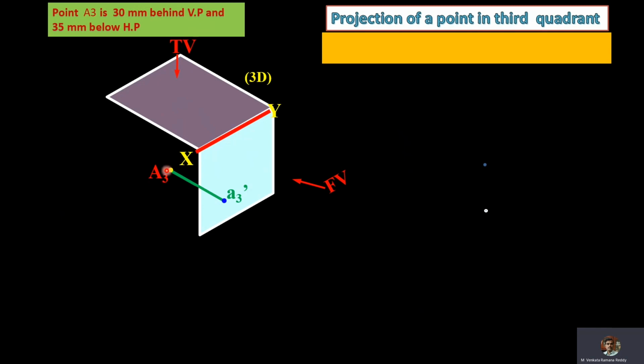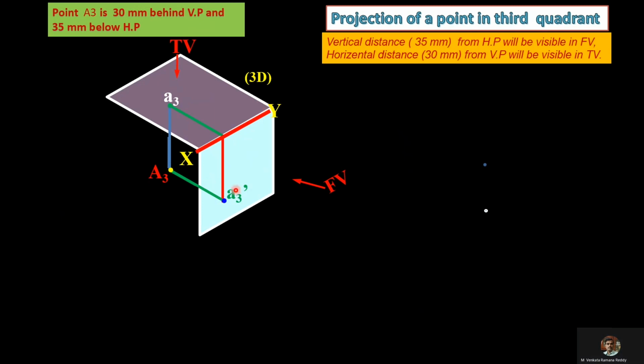Then the top view. In the case of top view, we'll see the distance of the point from the vertical plane, and the view is projected onto the horizontal plane, say A3. That is, in the case of front view, we'll see the distance from the horizontal plane, that is the vertical distance, and in the case of top view, we'll see the horizontal distance.